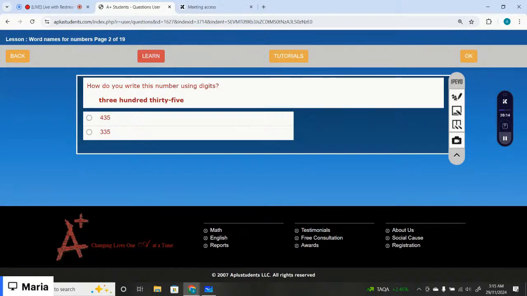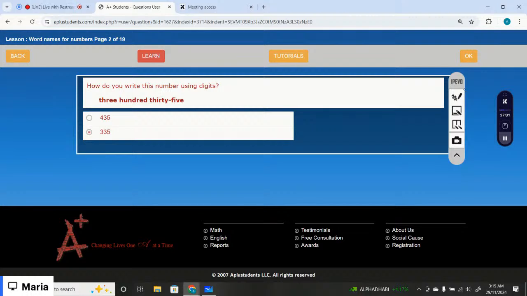How do you write this number using digits? 335, which is the correct option. 3 is at the hundreds place, 3 is at the tens, and 5 is at the ones.